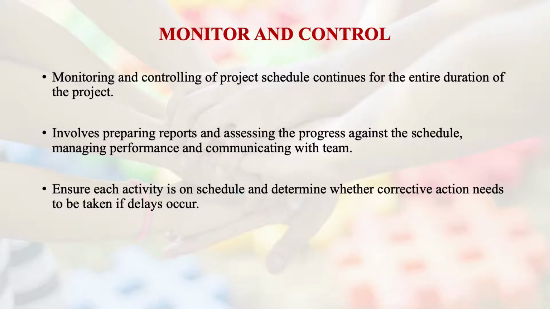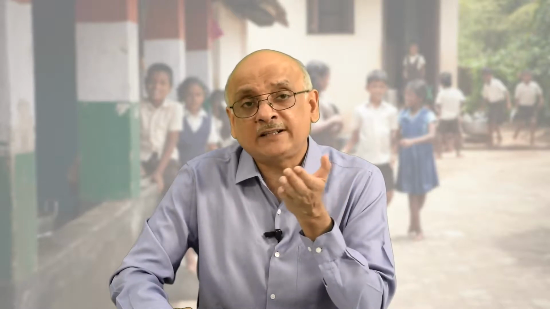It becomes a very interesting scenario, and the project team becomes very important. Monitoring and control is a very important activity, which ensures that each activity is on schedule and determines whether corrective action needs to be taken if delays are occurring. This is one of the most important parts of project control. Why? Because if activities are not on schedule, you will be failing.